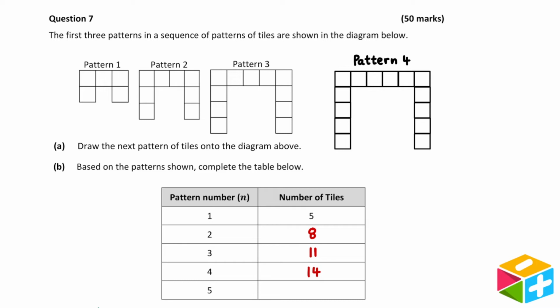When it comes to pattern number 5, we don't have the pattern drawn out. One option would be to draw out the pattern and count up the number of tiles, but this would be quite a bit of effort.